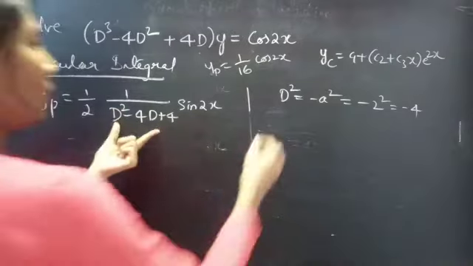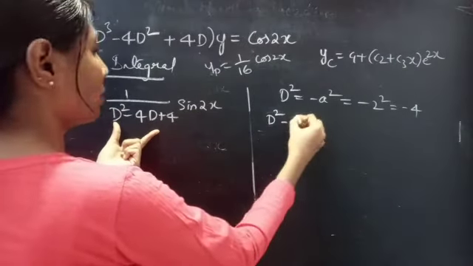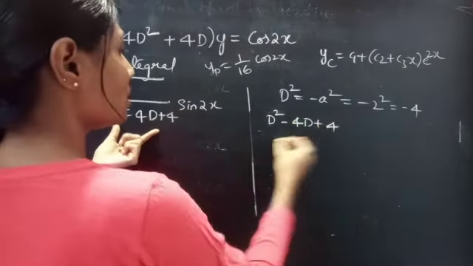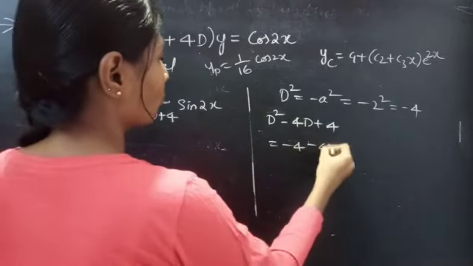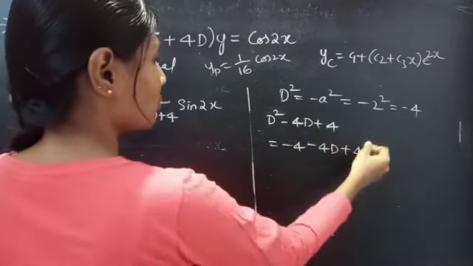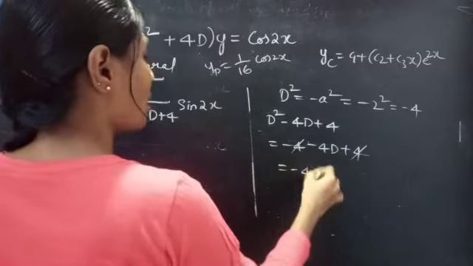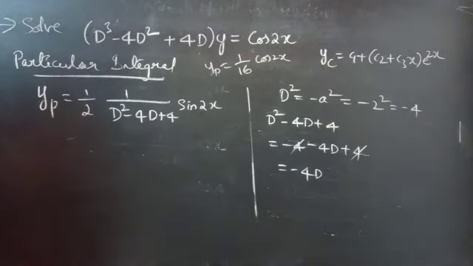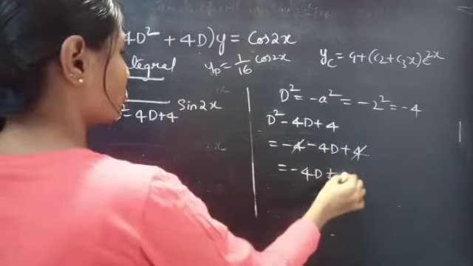Now we check the denominator by replacing D square by minus 4. Here plus 4 minus 4 gets cancelled and we get minus 4D, which is not equal to 0.